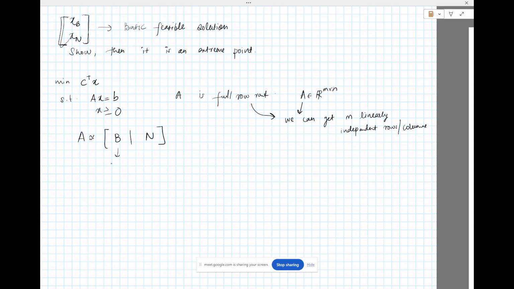This B is m cross m, N is m cross n minus m. Okay, we took m linearly independent columns of A and we denoted them as B, and the remaining we put as N. Is that clear, right?